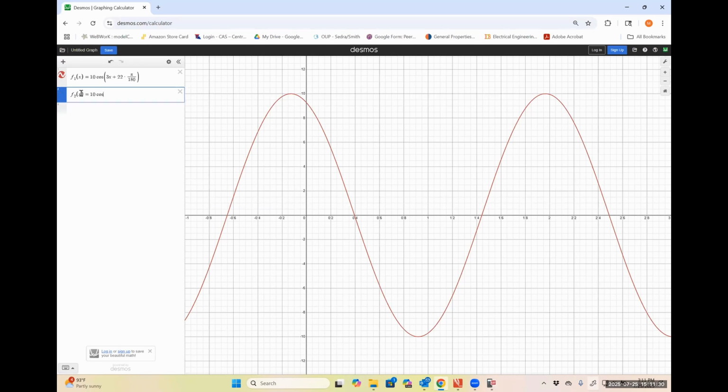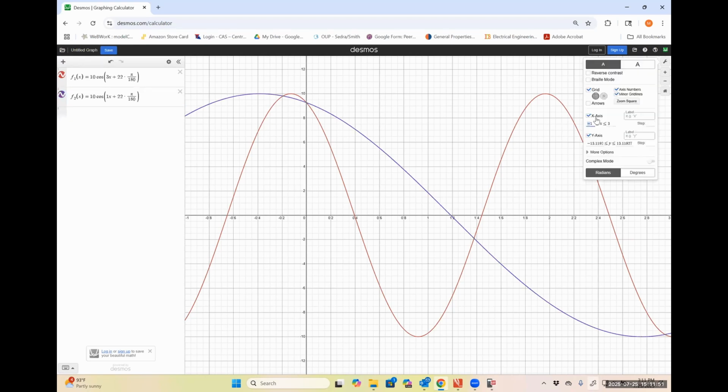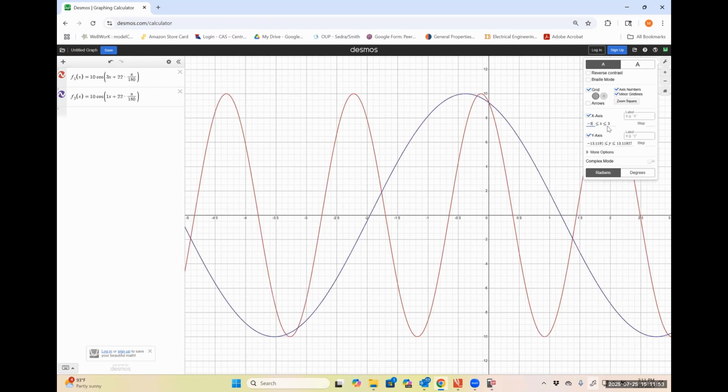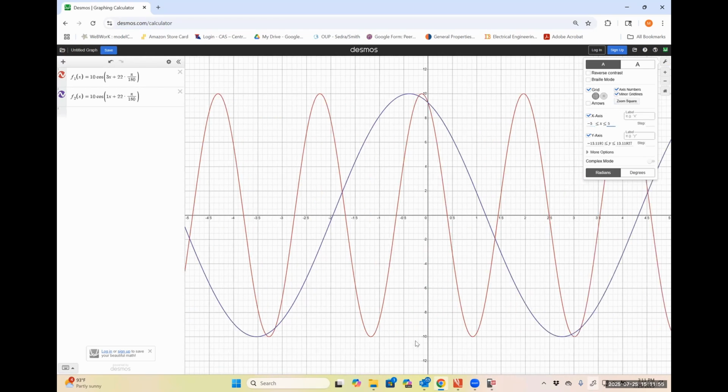a signal that is 10 cosine, let's just do 1x plus 22 times pi over 180 so that everything is exactly the same except our angular frequency. And let's kind of zoom out on this. So let's make it go from -5 to +5 here.